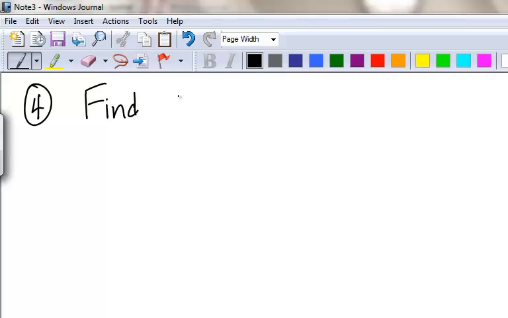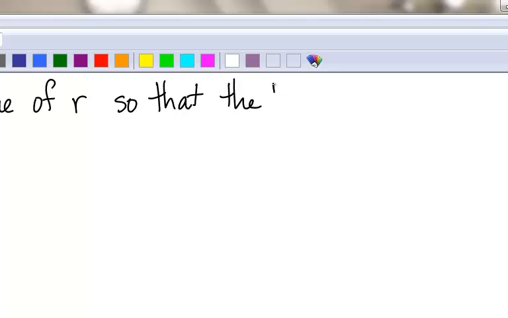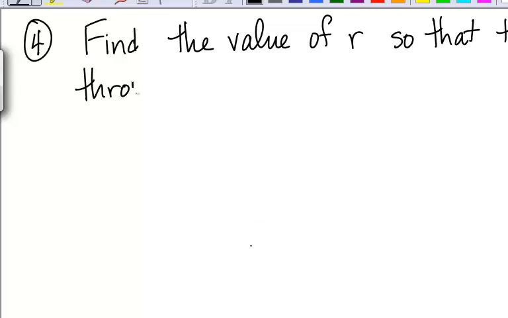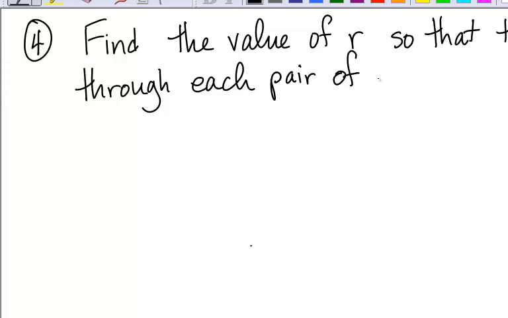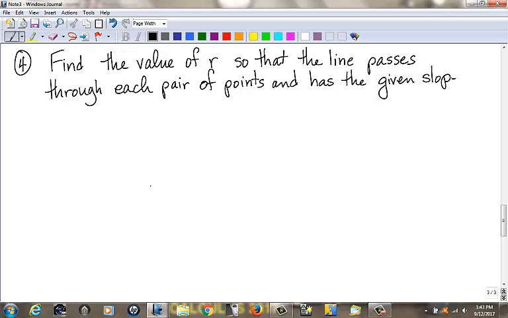Okay, last example. They will give you problems like this. Find the value of r so that the line passes through each pair of points and has the given slope.